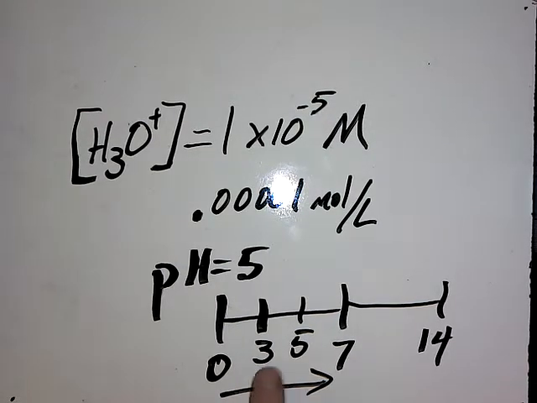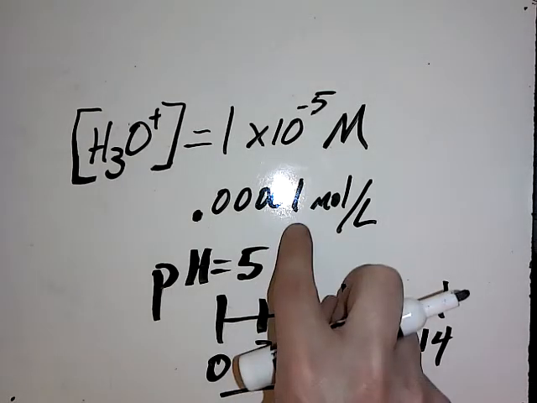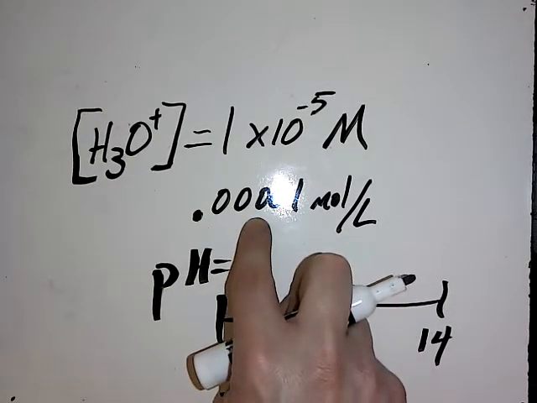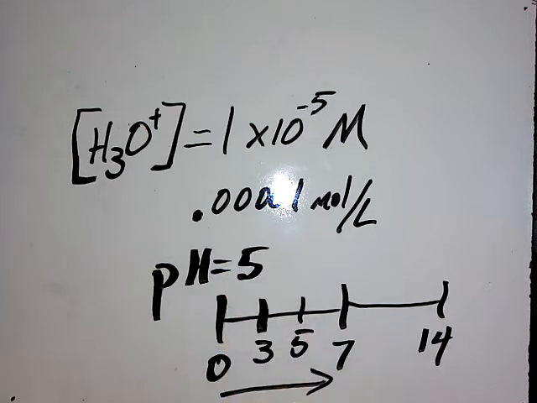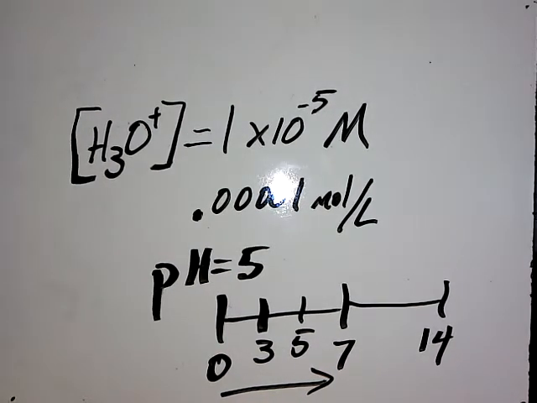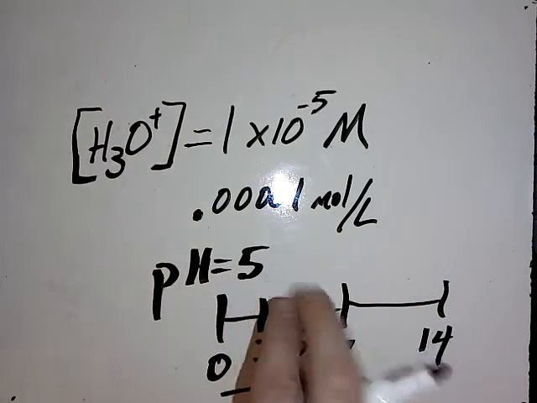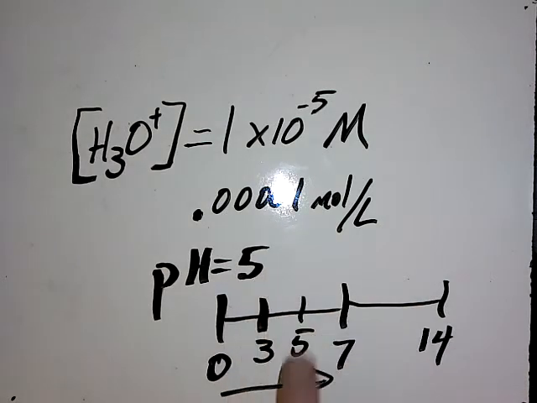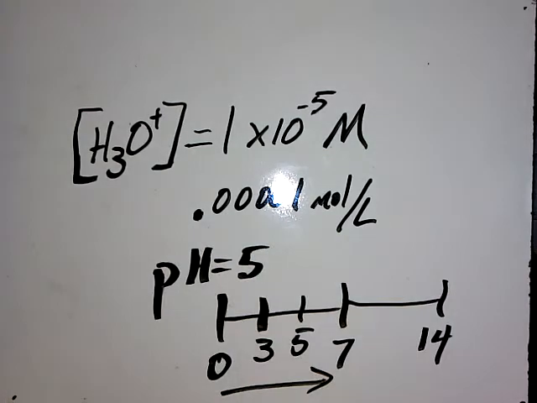And you can also see it's 2 steps away on the scale. It's 2 whole decimal places away from where it was, which is why, I'm not sure you can see that with the glare on that board, I'm sorry about that, this explains why this right here is 100 times less acidic than the one that was pH of 3. Now, good news is the math really isn't much harder than that.